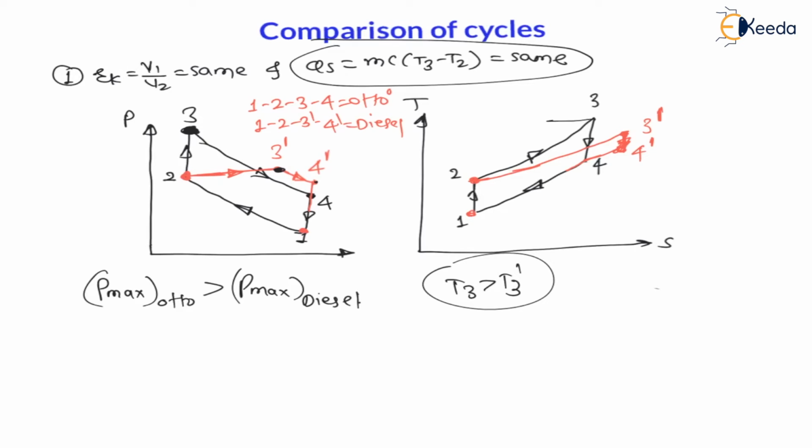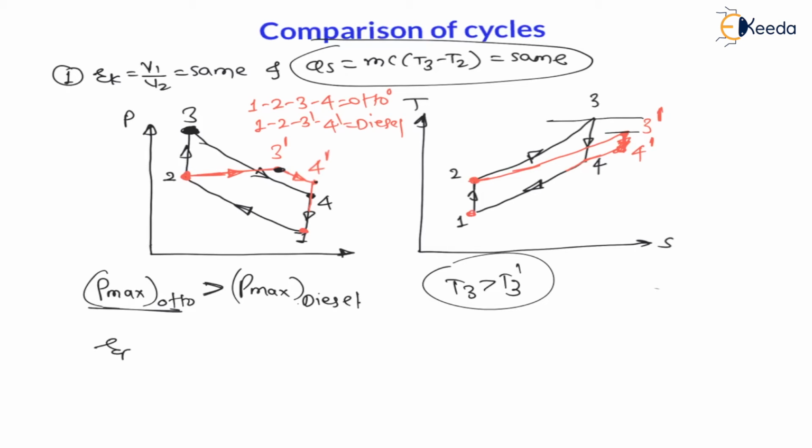This pressure will be at a higher location like this. Therefore, peak pressure as well as peak temperature in the Otto cycle is more than that of the diesel cycle, and dual will be in between. So we can say maximum pressure of Otto is more than dual, which is more than diesel.